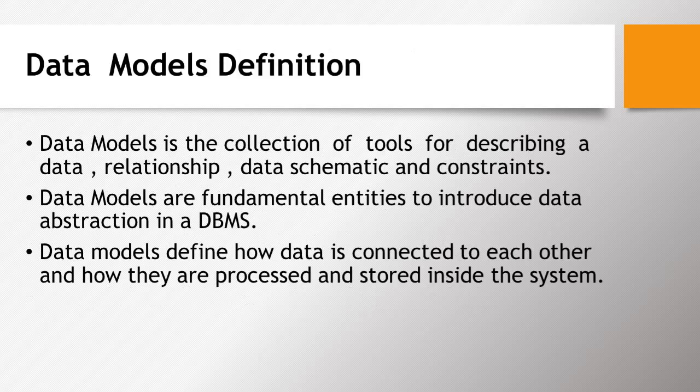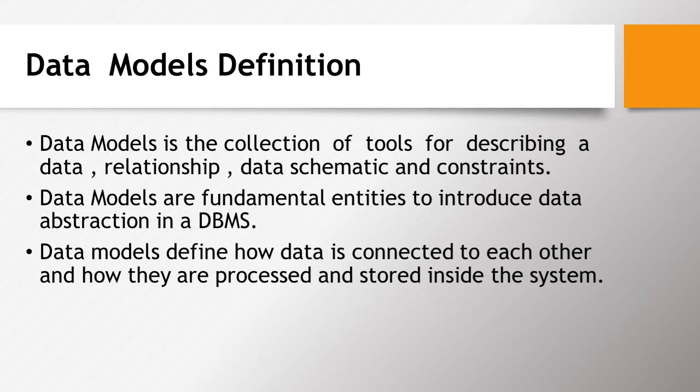So now, what is a data model? A data model is the collection of tools for describing data relationships, data schema and constraints. Data models are fundamental entities to introduce data abstraction in a DBMS. Mainly it is the logical structure.